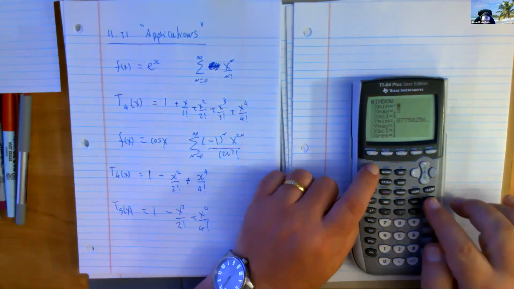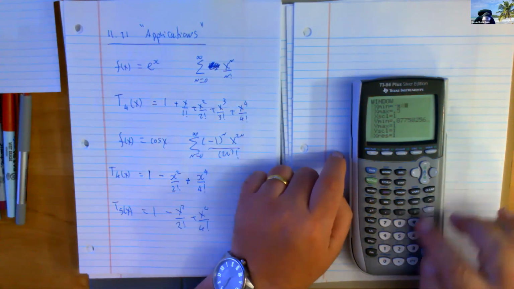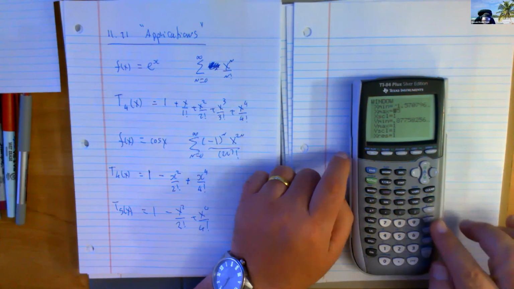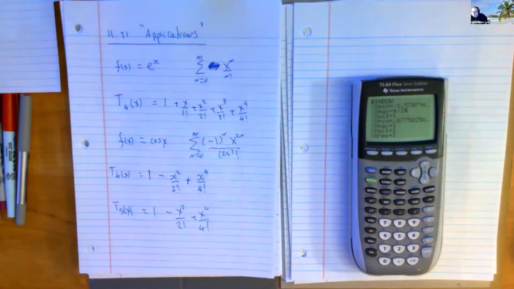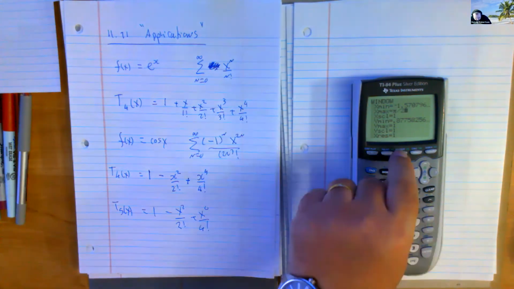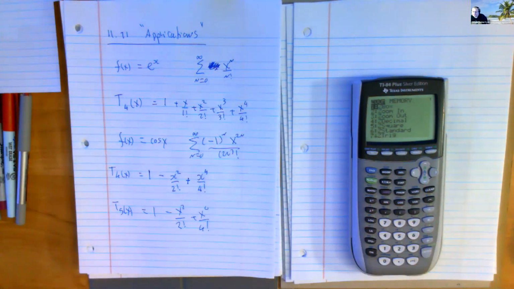Negative pi divided by 2. Positive pi divided by 2. Do you think the 2 might start separating now? Can you see a slight thickness at the ends?